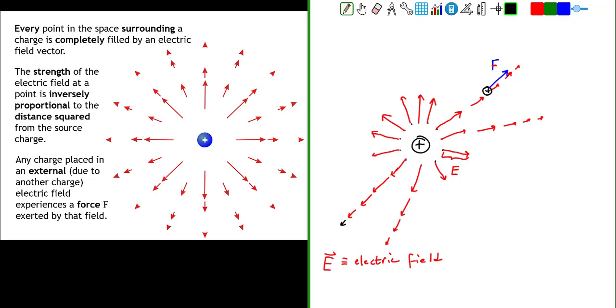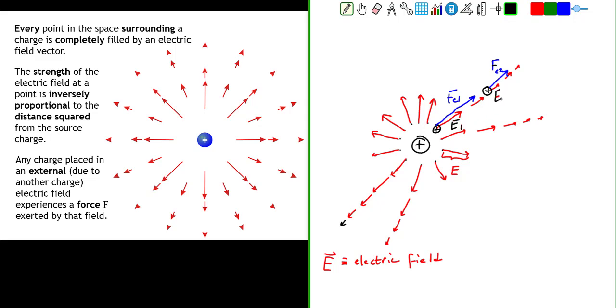If we move the positive charge to be closer, we know from Coulomb's law that the electric force will be greater. So the electric force at that point, I'll just go ahead and call this point 1, and I will call this further point, point 2. The electric force at that point is due to the electric field at that point.